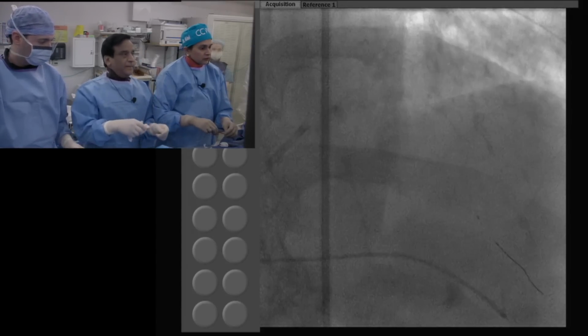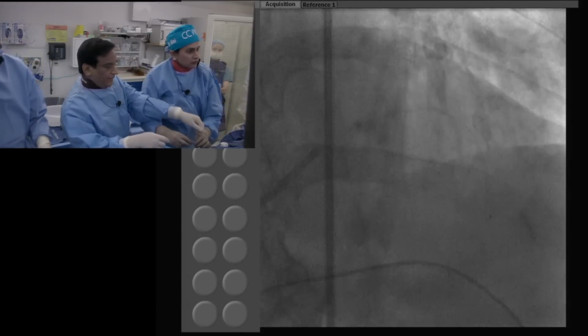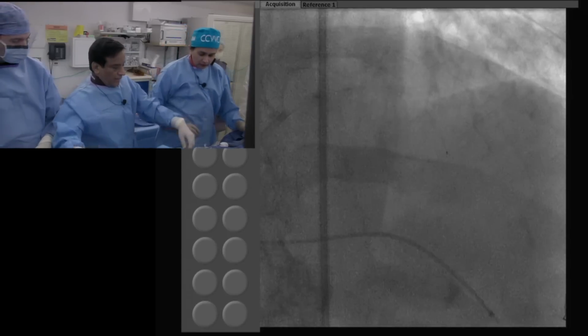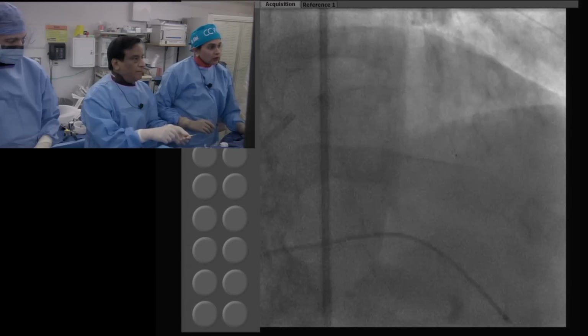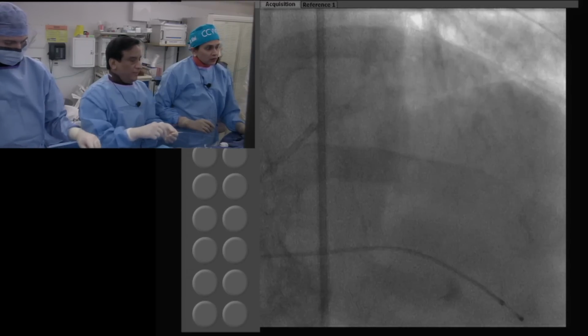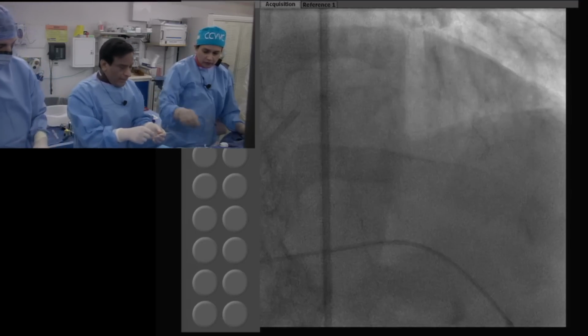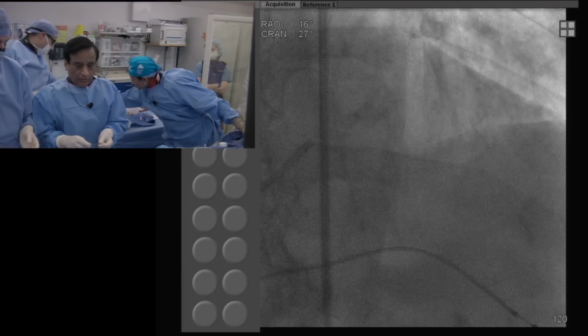The Protect 2 trial, which led to approval of the Impella device, had criteria of left main with an EF of 30 to 35%, or 3 vessel disease with an EF of 30%.